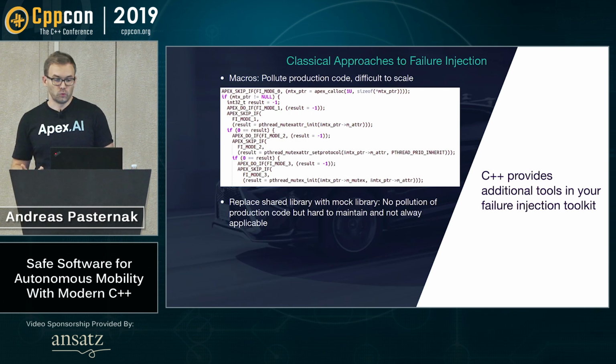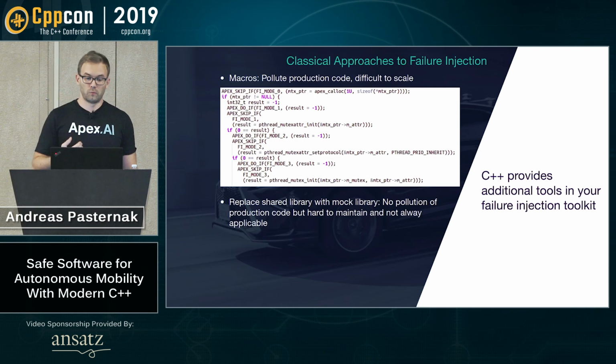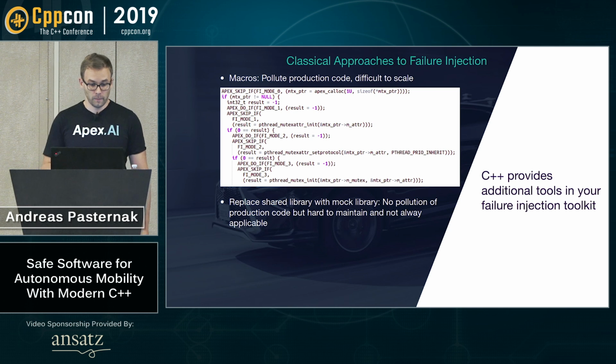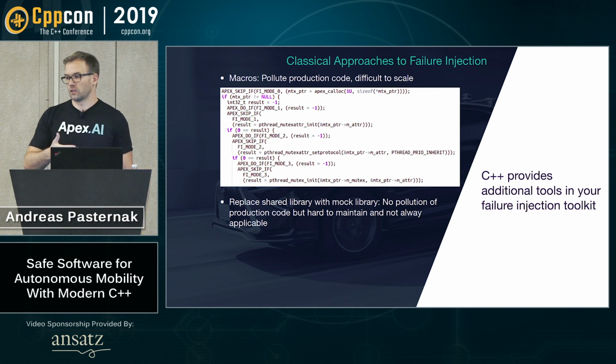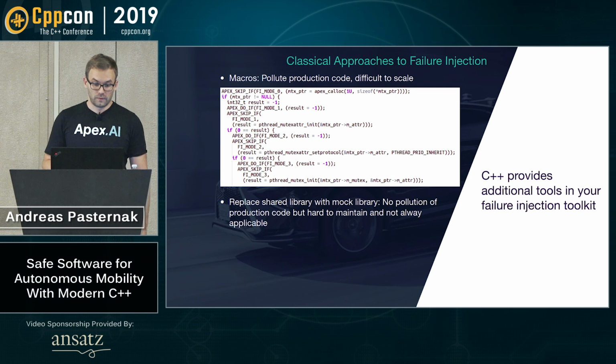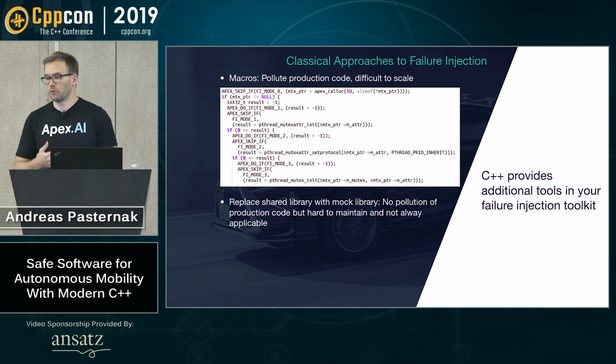There are classical ways to do that. For example, with macros, here is a real code example from our C code, from a mutex. You see that you have basically more failure injection code than actual production code. So using macros usually heavily pollutes the production code, and it's also very difficult to scale. Another way is to replace the shared library with a mock library.